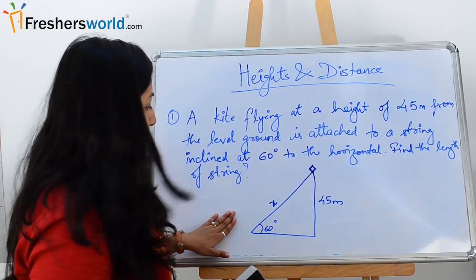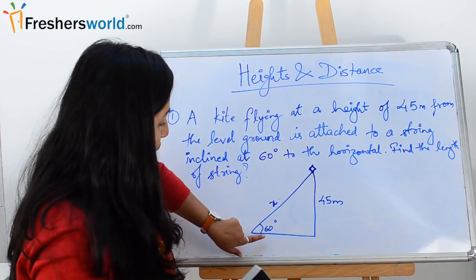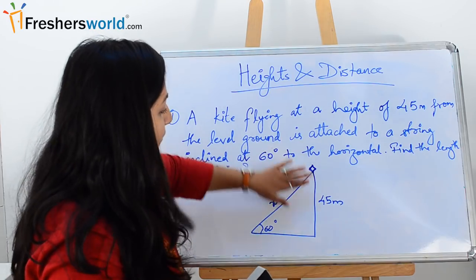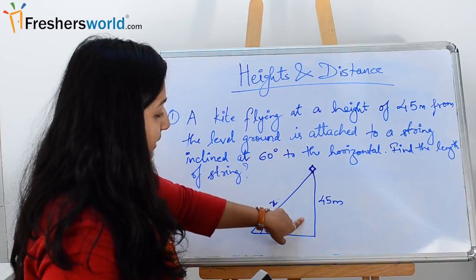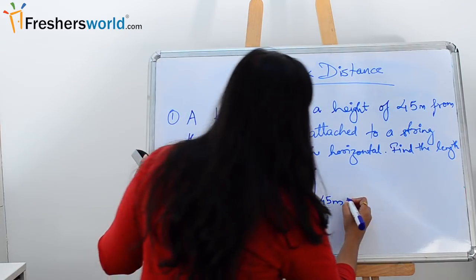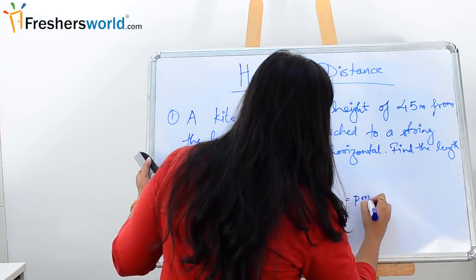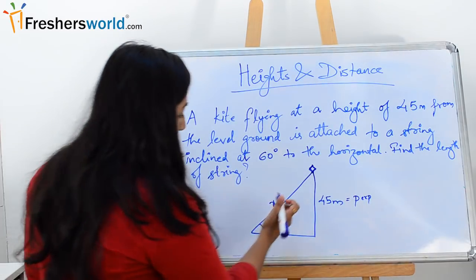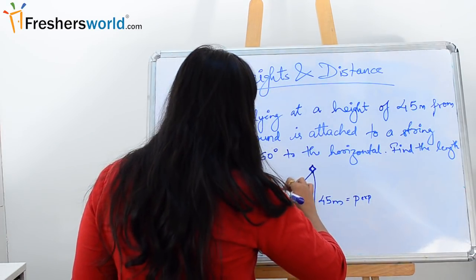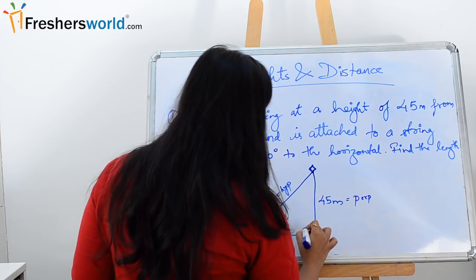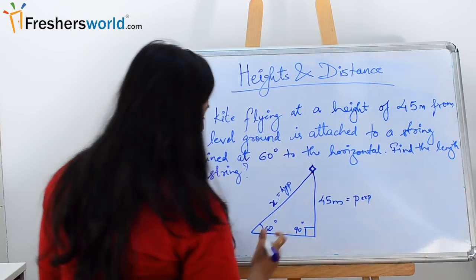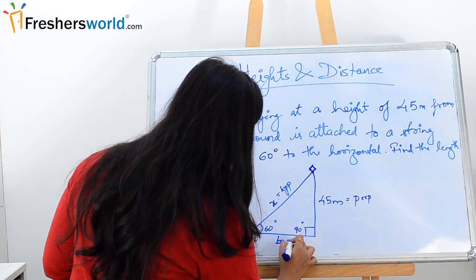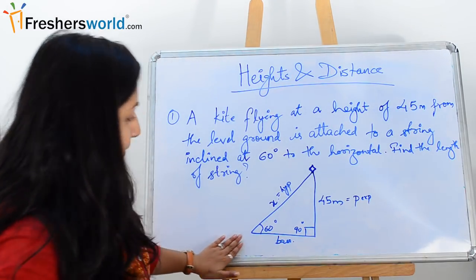From the question we got this angle as 60 degree, and we got this height as 45 meter. This height is the perpendicular, and what we need to find is the hypotenuse, which is opposite to 90 degree, and this is the base.